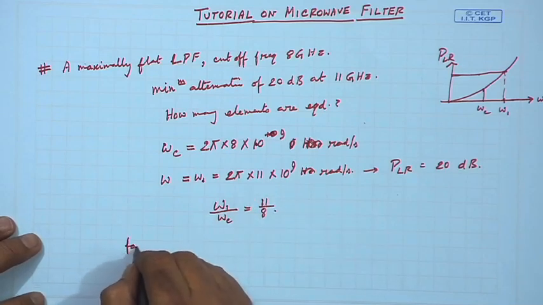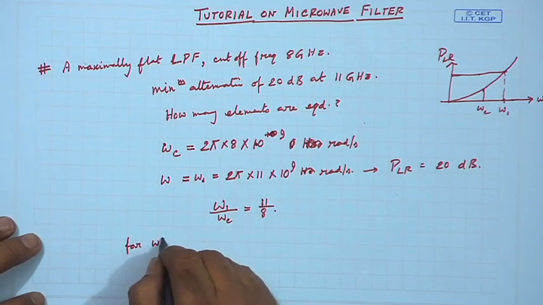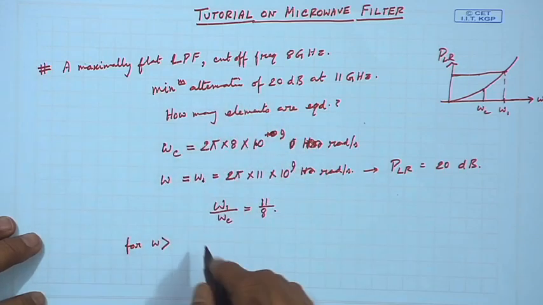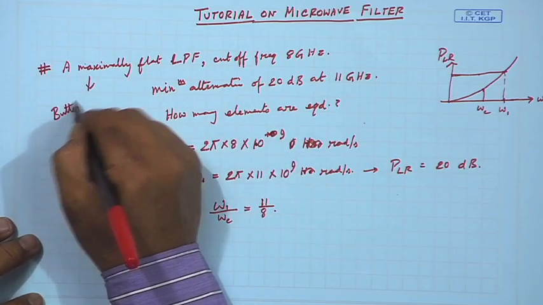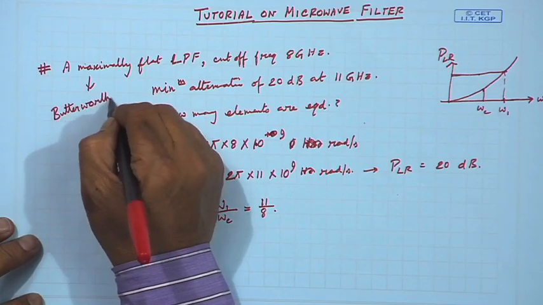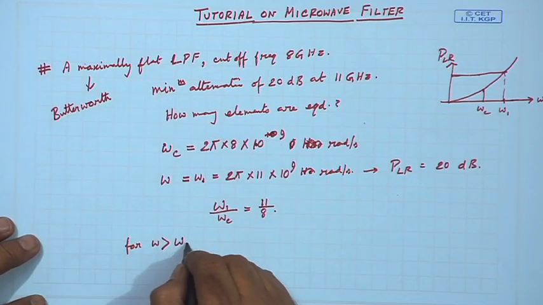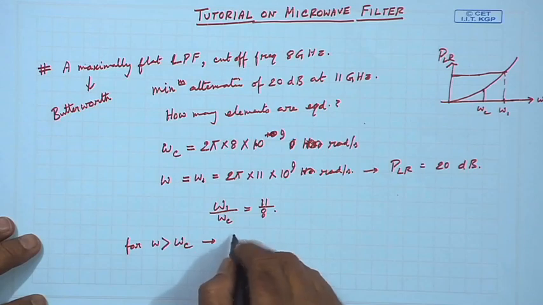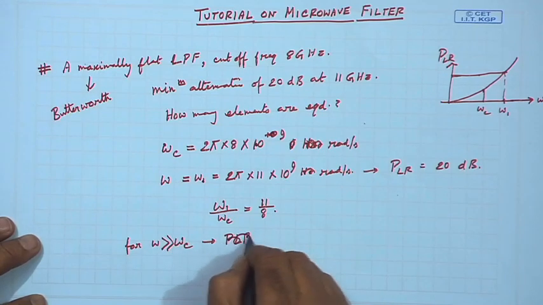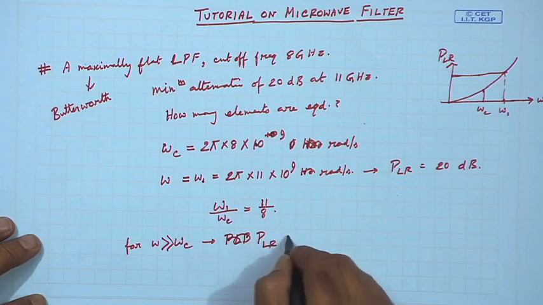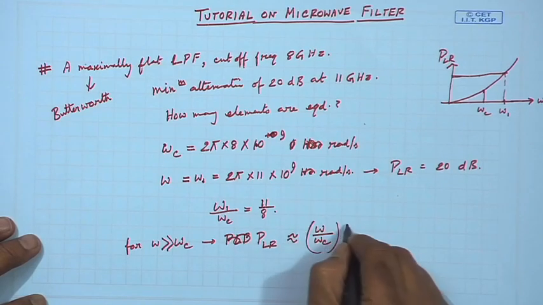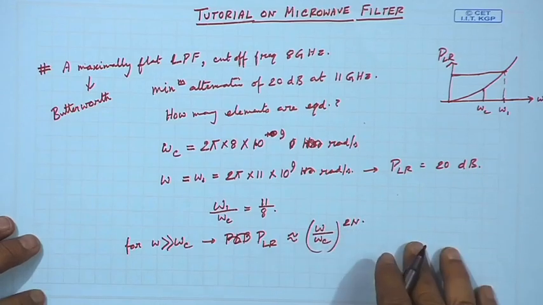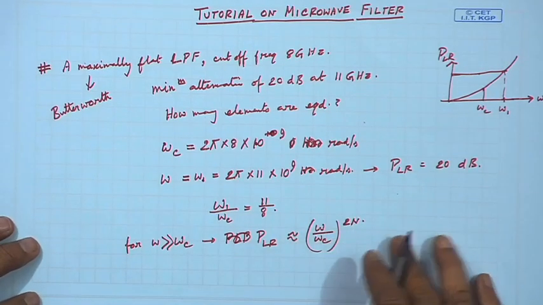We know that a maximally flat response means it is actually a Butterworth function we can use to synthesize. So, for omega greater than omega c, we know that PLR can be approximated as omega by omega c whole to the power 2n. That means that one term I can neglect.